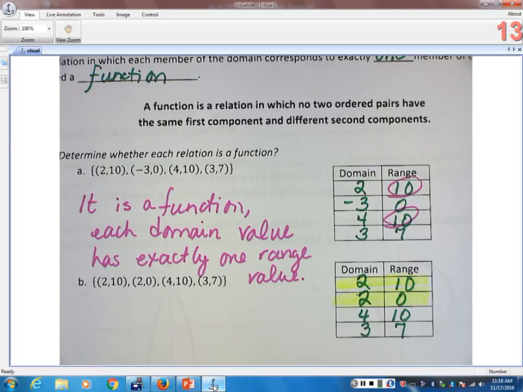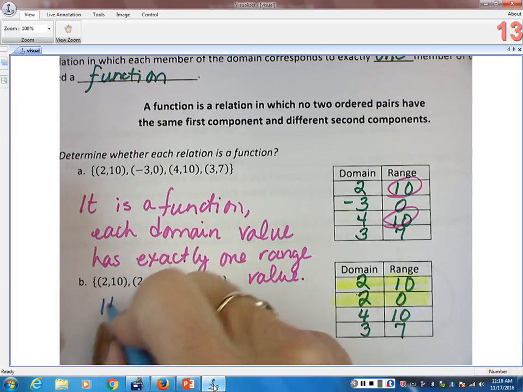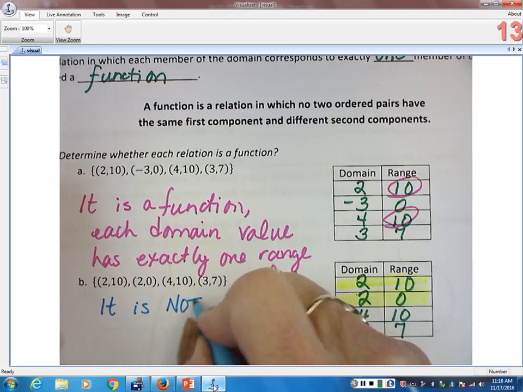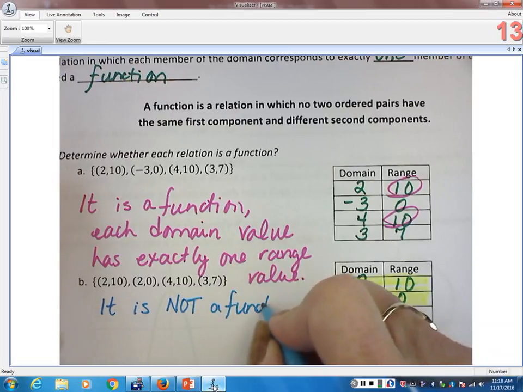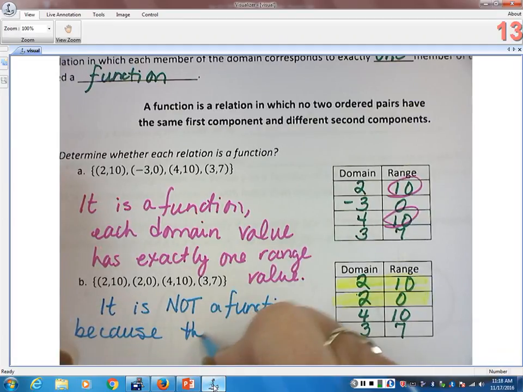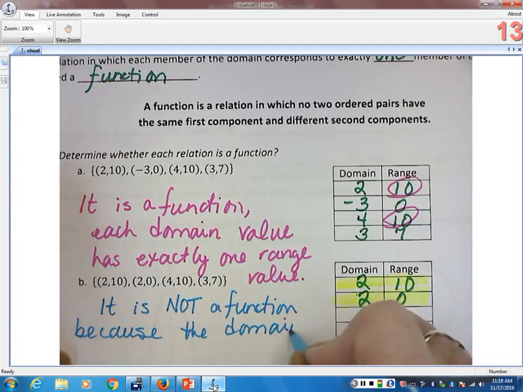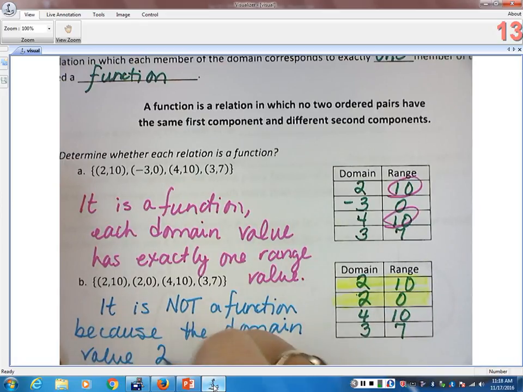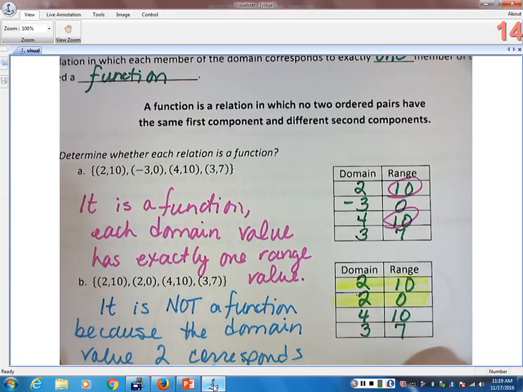For that reason, it is not a function. Here's where the problem is. Okay?